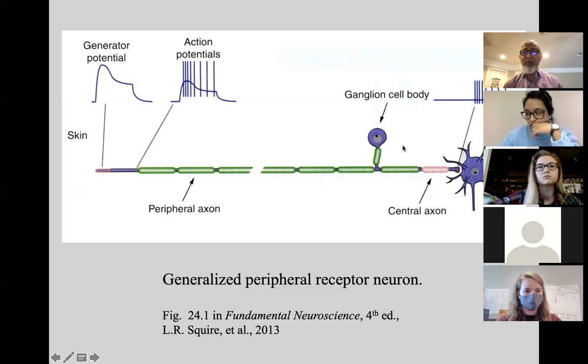If it looks like one process, but that one process is divided into two, we don't classify it as bipolar. We also don't call it unipolar. We call it pseudo-unipolar. All the neurons in the spinal cord dorsal root ganglia are pseudo-unipolar neurons. And then if you look at the motor neurons, they have a lot of processes. We call them multipolar neurons.